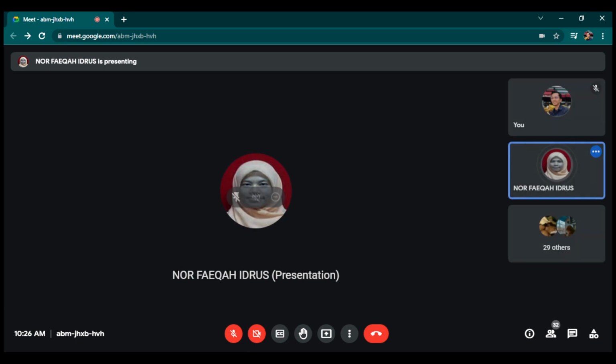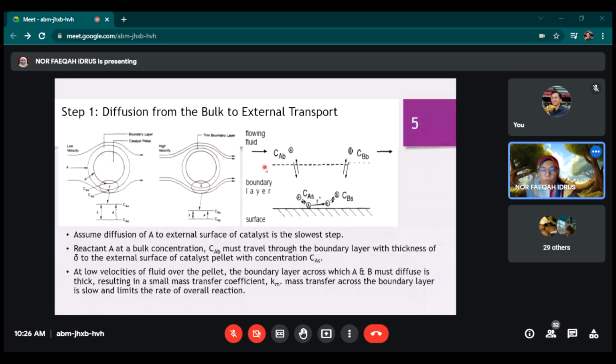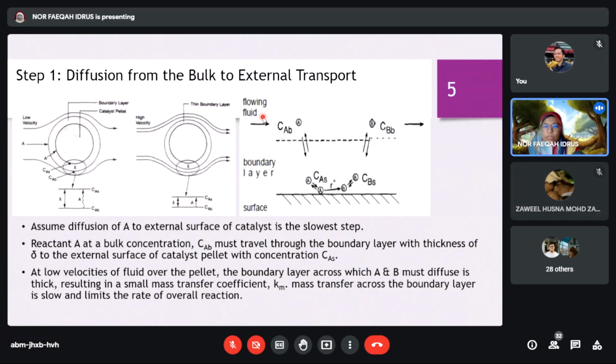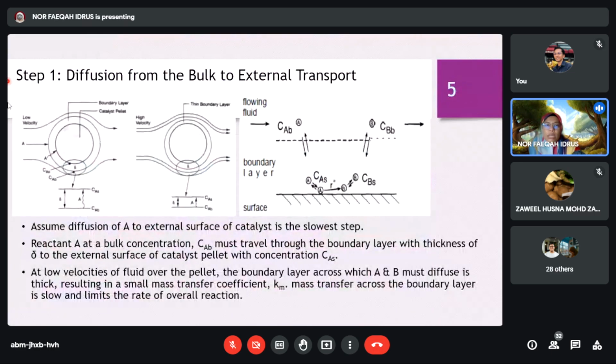Then we continue. Now we will look at one by one the details, theory, or explanation or principle behind each step of the reaction. So the overall steps, now we look at one by one.